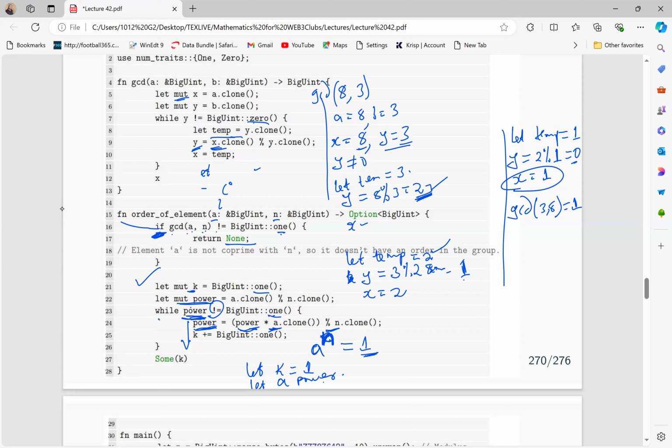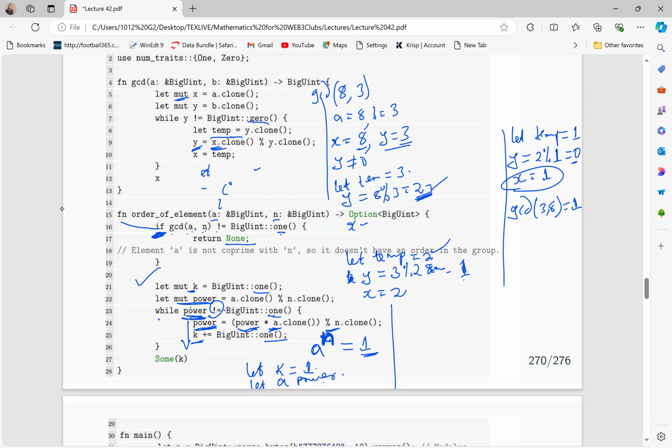After doing this, we let the new K be the original K, which was 1, plus 1. So K now goes to 2. And we repeat this process until the power is 1.